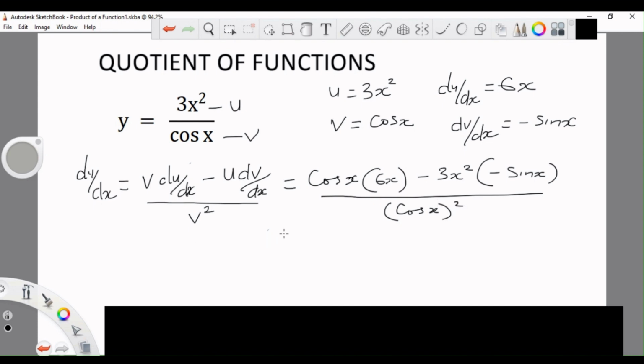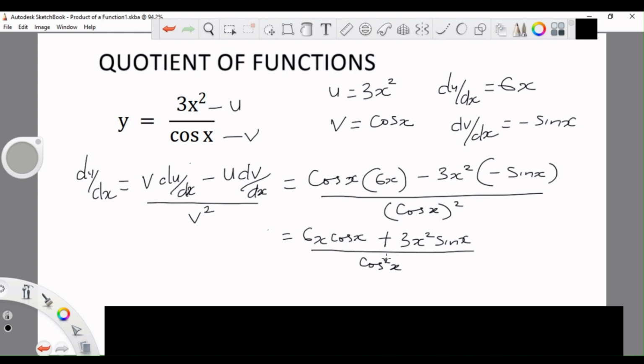So what we have next is cos x times 6x, which gives us 6x cos x. Now negative times negative gives us a plus. 3x squared times sin x gives us 3x squared sin x over cos x squared, which gives us cos squared x. So therefore, this can go for our final answer.